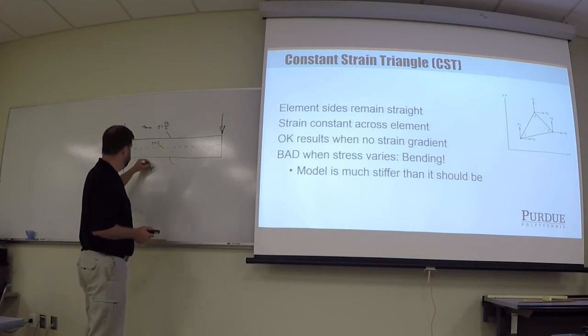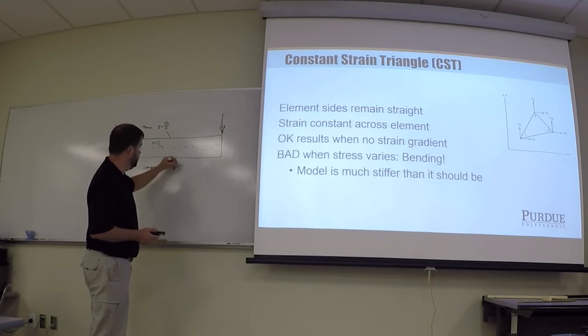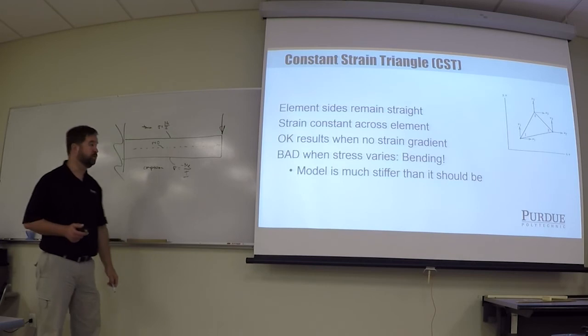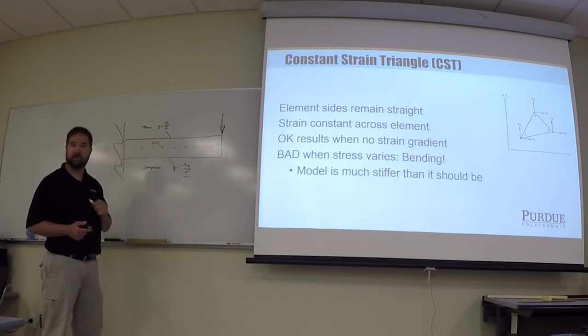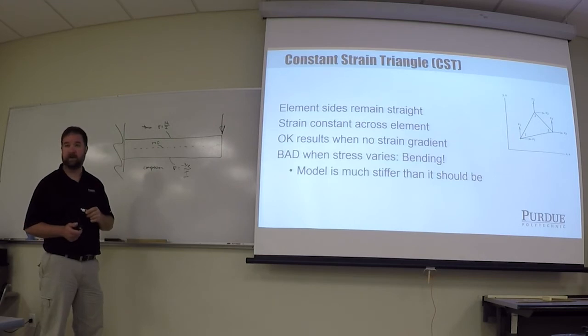It's in compression, right? And it would be sigma is equal to minus MC over I. So it goes from a max positive value at the top to zero down to a max negative value. That's a stress gradient, also a strain gradient.